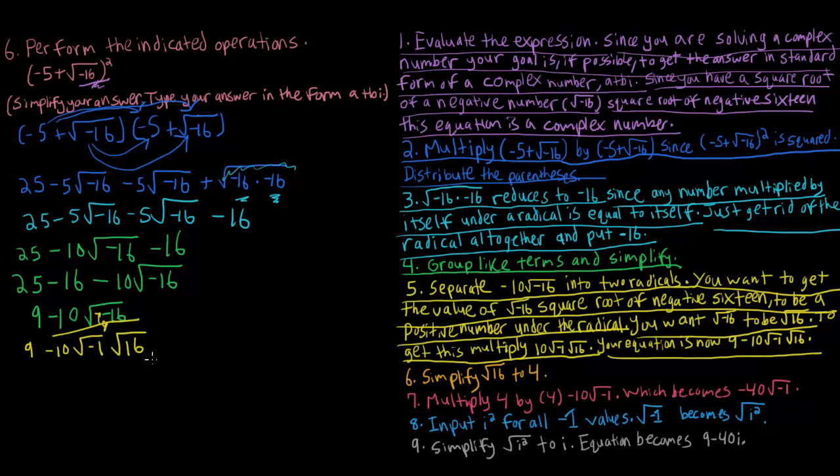But now what's going to be nice is once 16 is positive, then we can simplify that, and then with a negative 1 under the other radical, then we can substitute it for i squared.